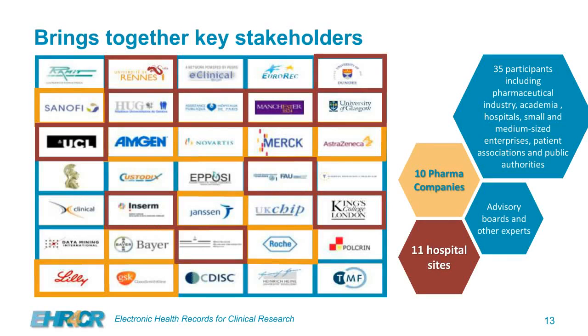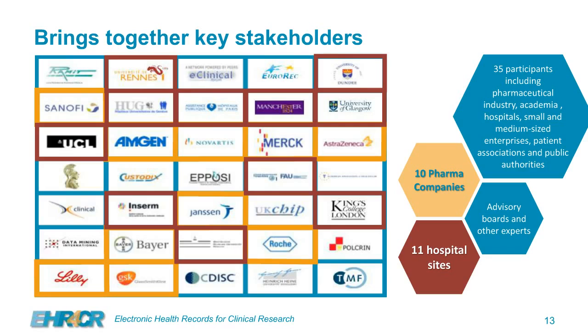So the EHR4CR project consists of 35 partner companies, and it brings together key stakeholders in this area: key academic partners who are conducting excellent research in medical informatics, together with 10 pharmaceutical companies and 11 hospital sites, which you can see on this slide.